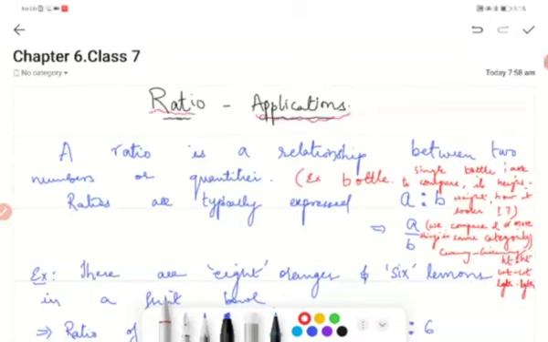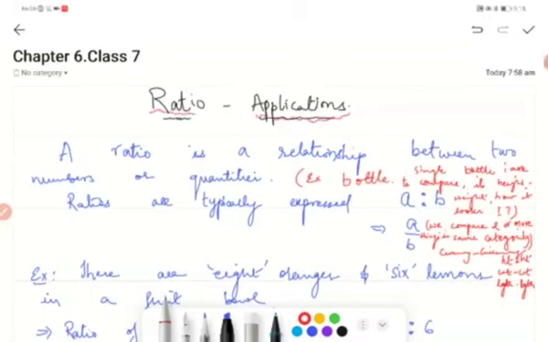So what are ratios all about? They give a relationship between two numbers or quantities. That relationship means you compare two or more things together.